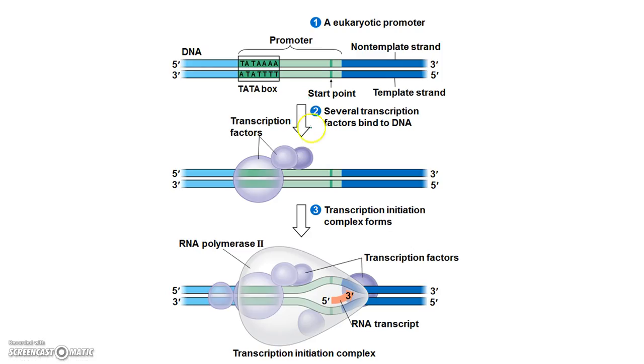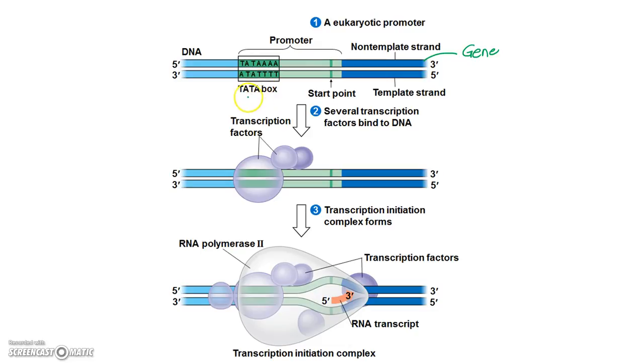All right. So there's a number of things, okay? So here's the thing. Here's our DNA here. You remember it's 5 to 3 and everything, okay? And so let's say this blue part right here is the actual gene, okay? So you'll notice there's a start point here and this section in the beginning called a promoter.